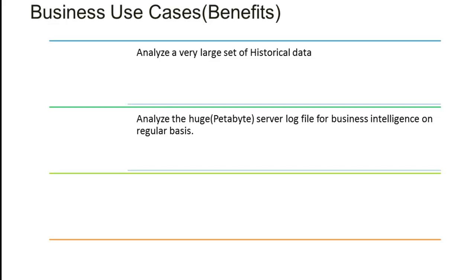That is the next one, called analyze huge petabytes of server log files for business intelligence on a regular basis, so that you can understand how the behavior is changing over time.